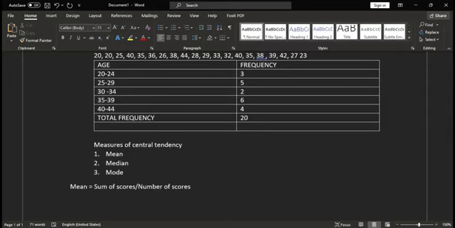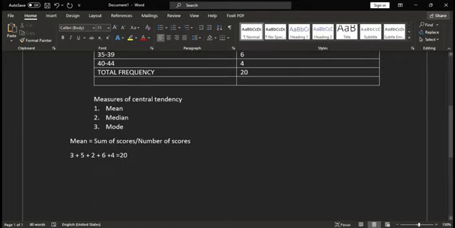So we're going to have sum of scores as 3 plus 5 plus 2 plus 6 plus 4. 3 plus 5 plus 2 plus 6 plus 4, which will give us 20, because you have to show how you got your 20. That is sum of scores.